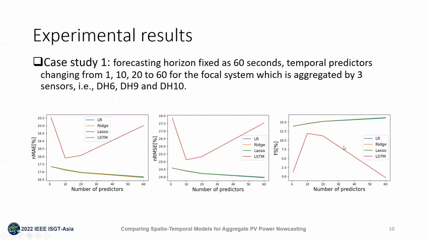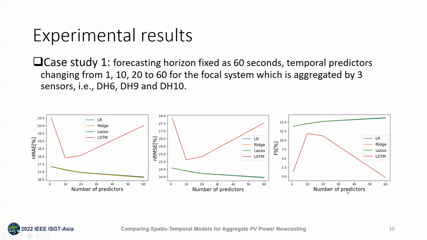And we have conducted 3 case studies. For the first one, the forecasting horizon is fixed at 60. The number of temporal predictors changes from 1, 10, 20 to 60 for the focal system, which is aggregated from 3 sensors, DH6, DH9, and DH10. Let's look at these 3 figures.